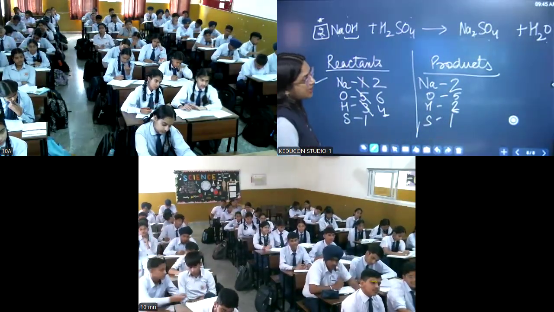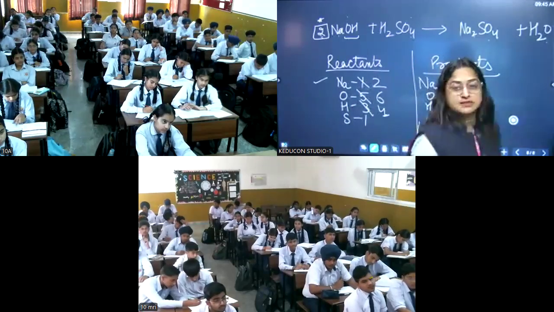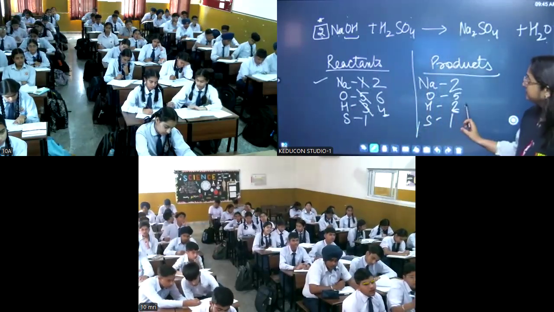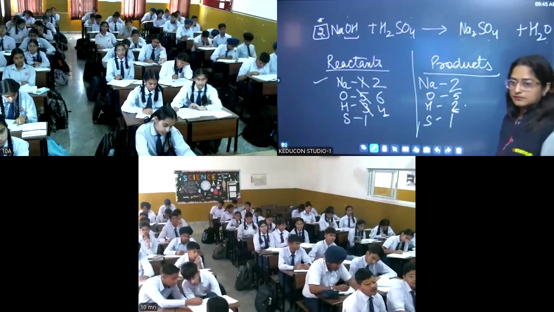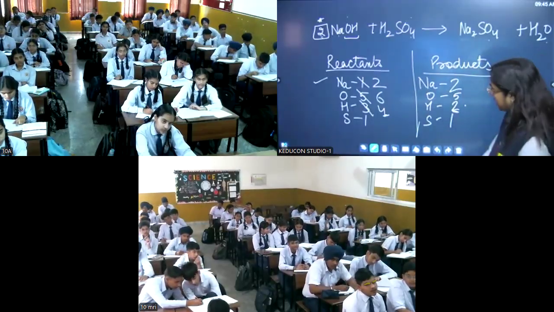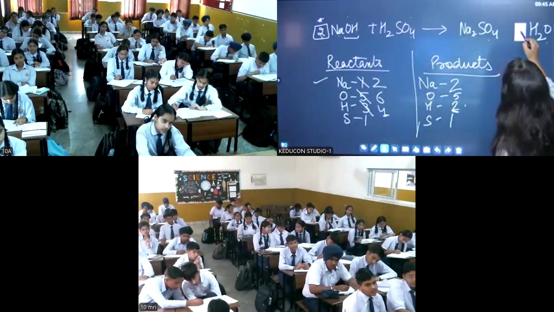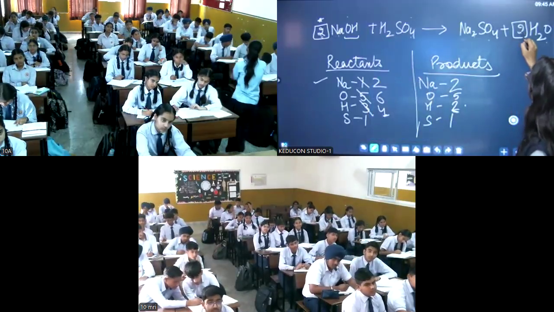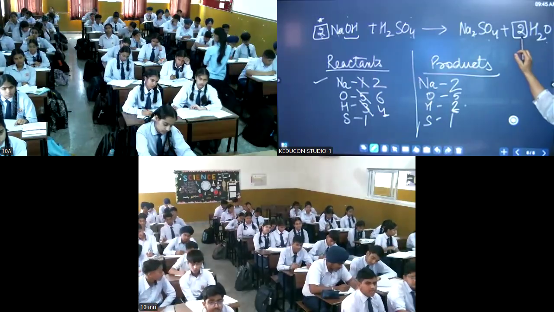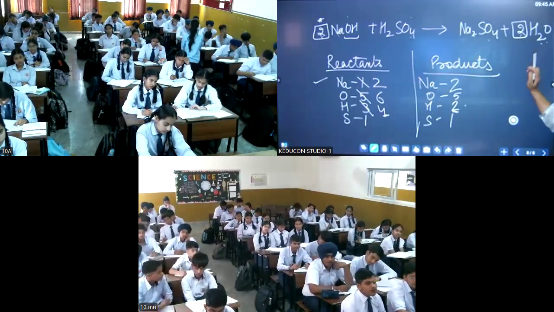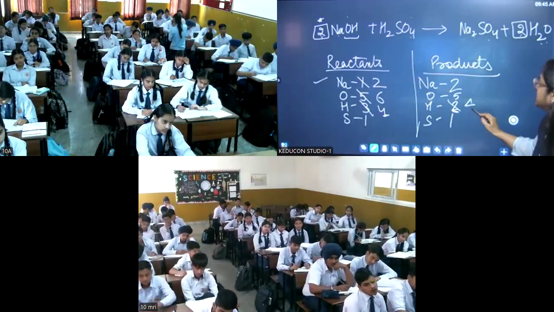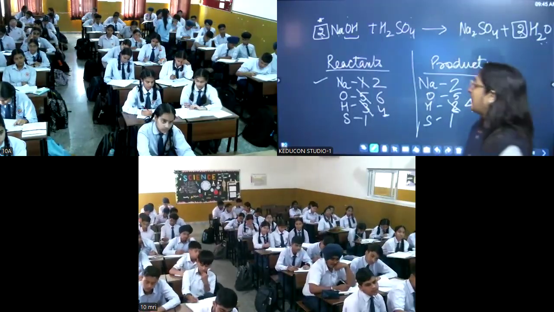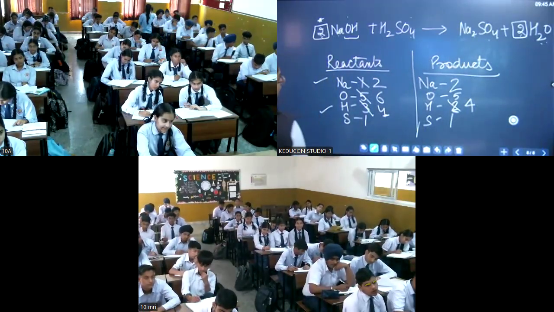What do we have to do to make this equal to 4? Write 2 in front of water. Yes, we have to make this coefficient 2. How does it change the number of hydrogen? This becomes 2H2 and this becomes equal to 4. And this balances our hydrogen.